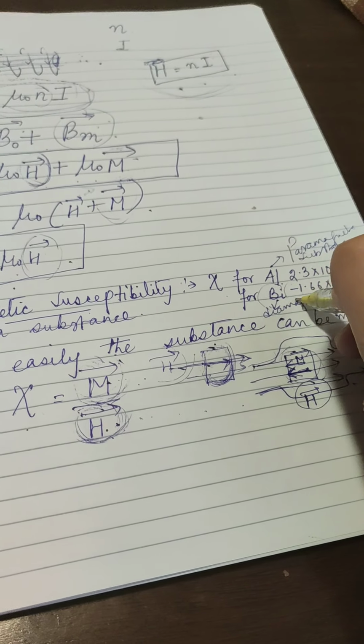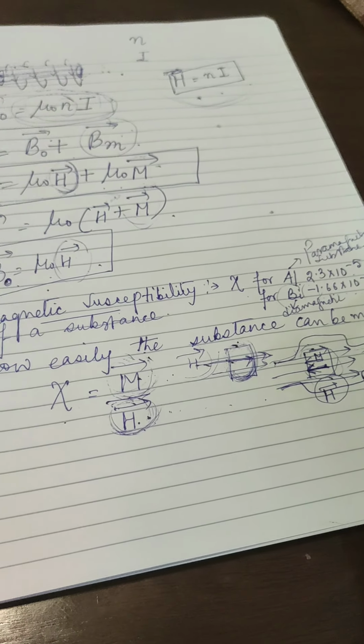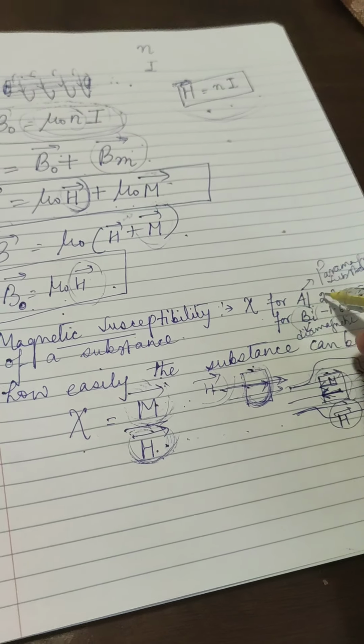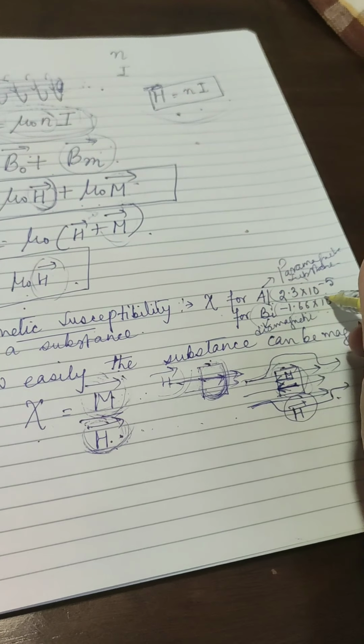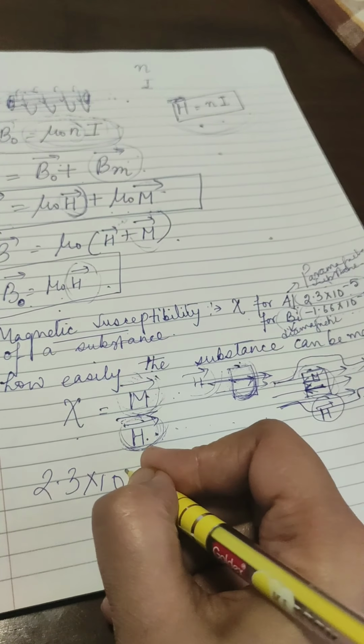For bismuth, M and H are in opposite directions, so you see a negative sign: minus 1.66 × 10^-5. So what do we mean by the statement that the magnetic susceptibility for aluminium is 2.3 × 10^-5?